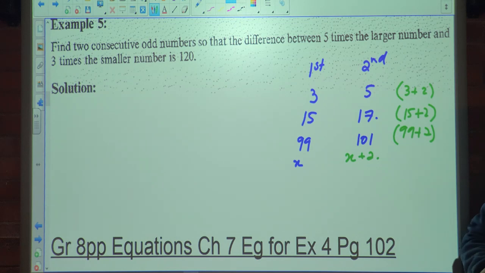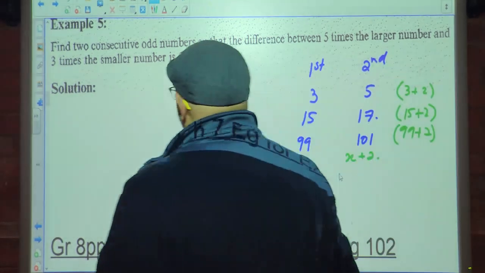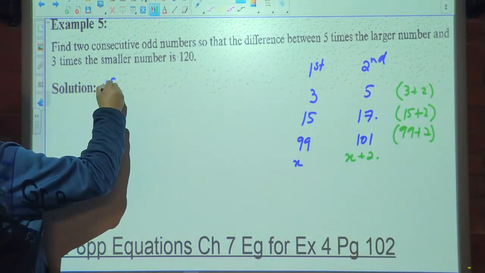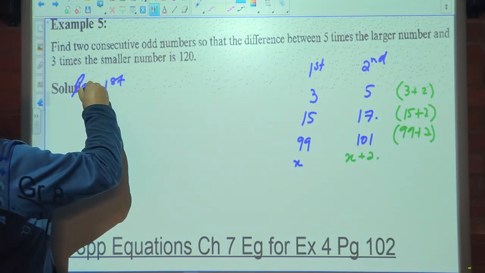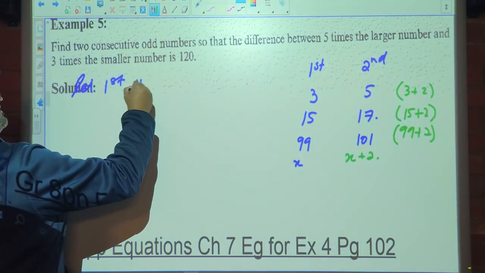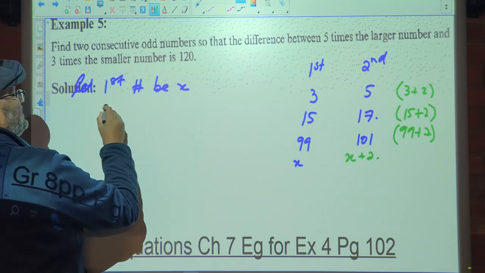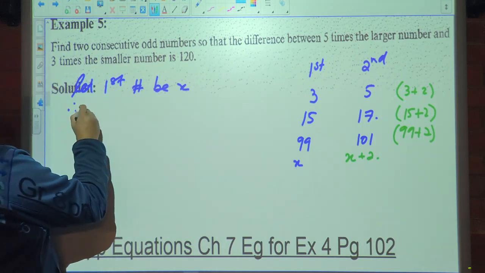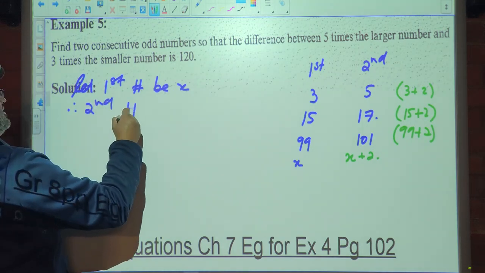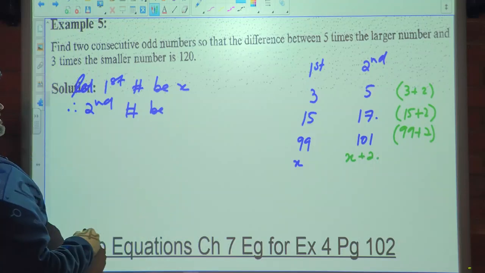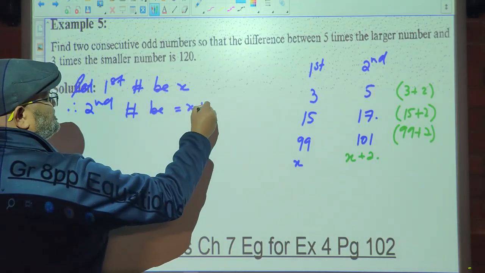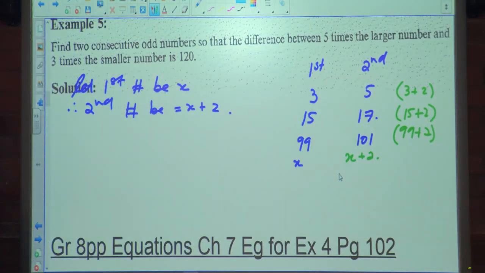You see that? So we say let the first number be x. Then what is the second number? Therefore the second number would be x plus 2.